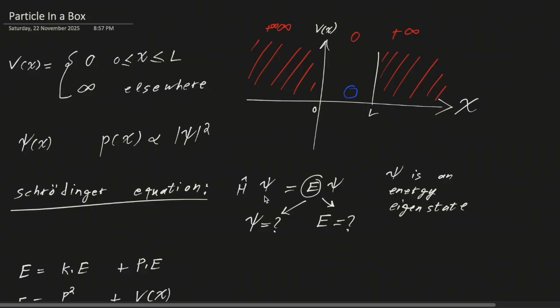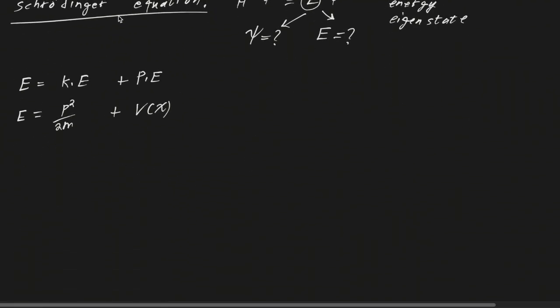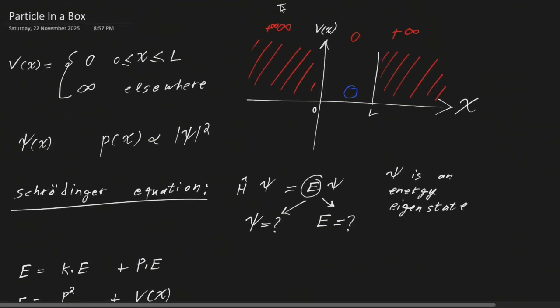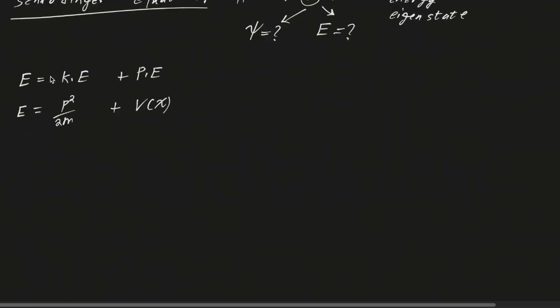So we have to solve the Schrödinger equation in 3 different regions. So we have to solve it in region 1, in region 2 inside the box, and region 3 outside the box again. And so from this classical description, we can define our Hamiltonian to be the momentum operator squared divided by 2m, so that's the kinetic energy term, plus the potential term.